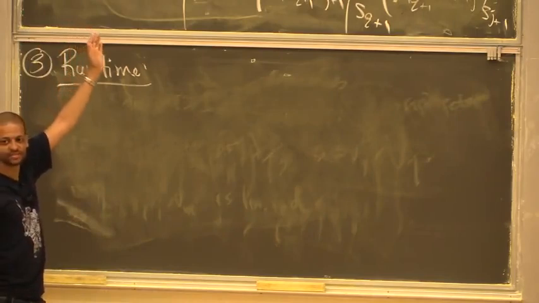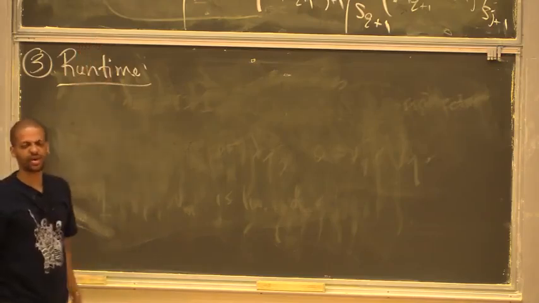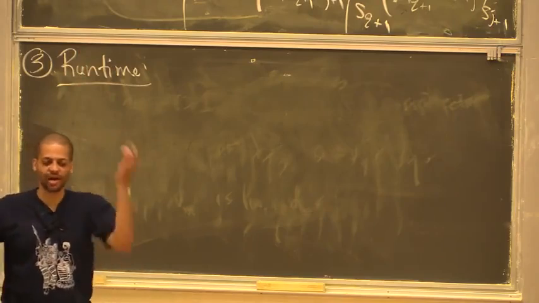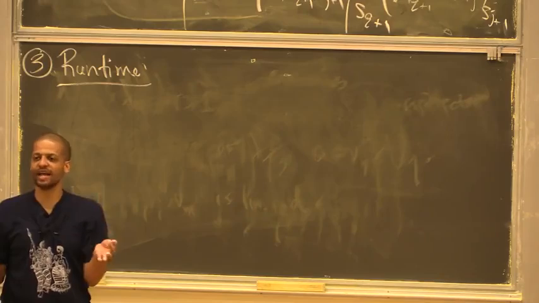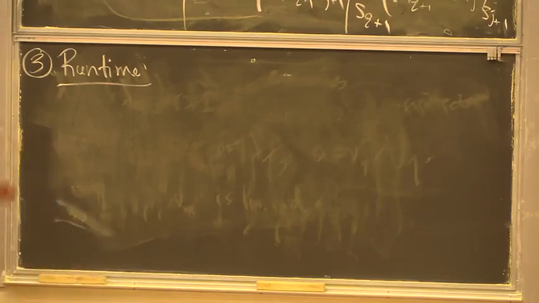That's n squared possible inputs. Of course, that's an overestimate because i has to be at most j. It's the interval from i to j. So for example, if i is 7, j can't be 2. j has to be bigger, or at least as big. But it's still theta n squared possible inputs.